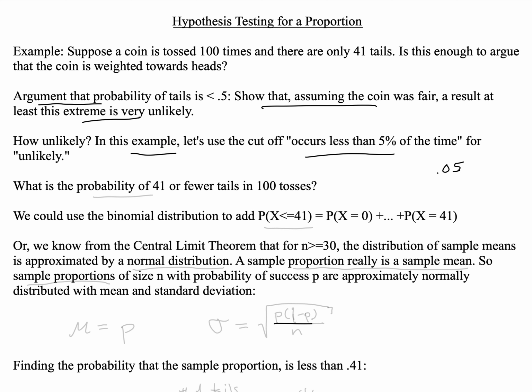So in our case, the alternative hypothesis, what we were testing, is that the probability of tails is less than 0.5, right? We were testing to see, is this enough to say that the true probability of tails for this coin is less than 50-50, is less than 0.5? So we could also write that as probability of tails is less than 0.5, or this is sometimes just written as p less than 0.5.